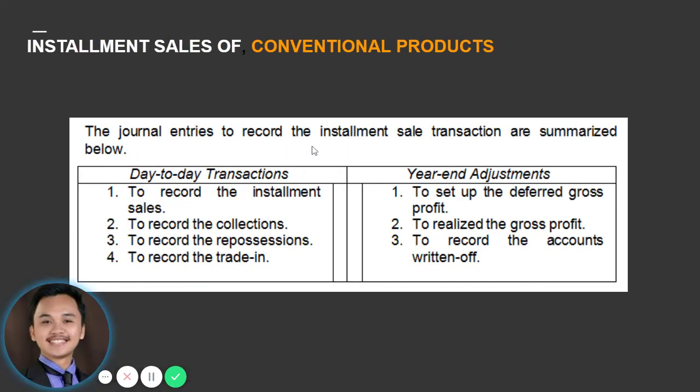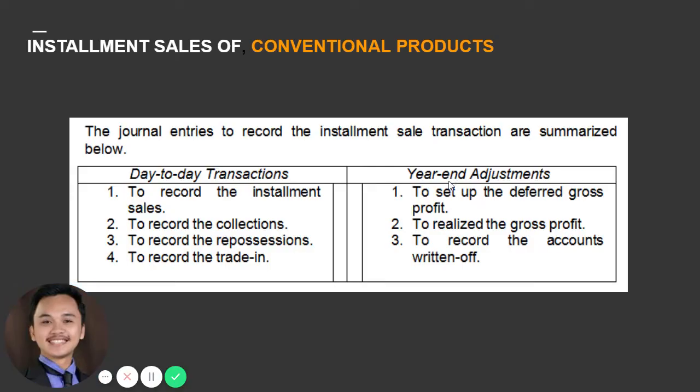The journal entries to record the installment sale transaction are summarized as follows. We are to recognize the day-to-day transactions, like recording the installment sales, the collections, the repossessions if there are any, and trade-in. But repossessions and trade-in will be discussed in the second part of our video lecture.